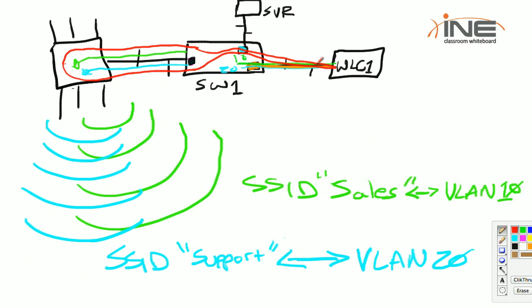So anytime I say CAPWAP, think LWAP is essentially synonymous with it. Yes, it's an older version of it. Yes, it has a different port number, 12222 and 12223 versus 5246 and 5247 for the newer CAPWAP. But other than that, it shares 98% of the same characteristics.